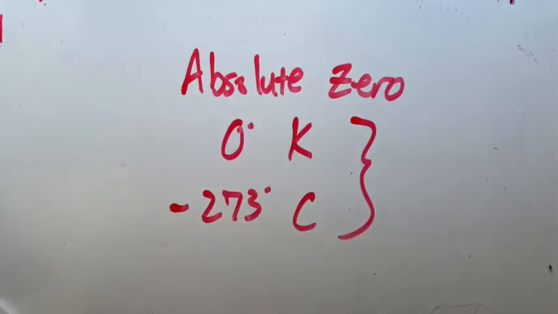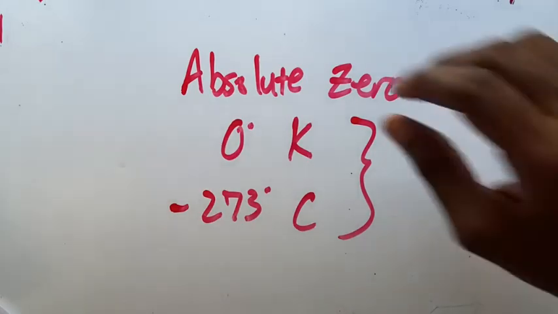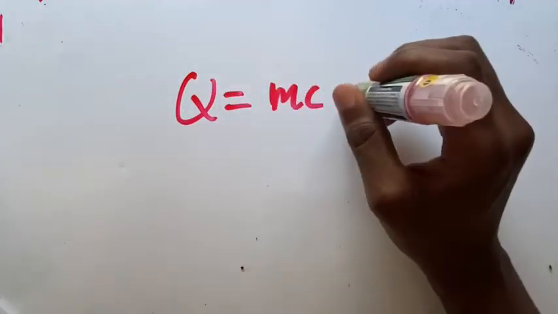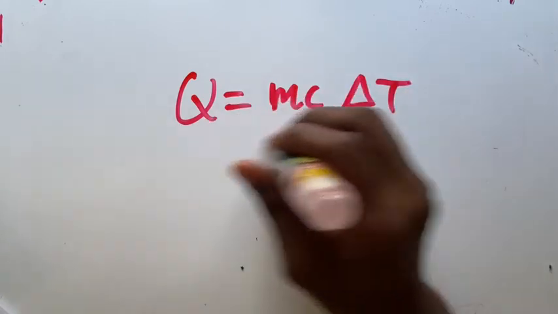Number 21 says heat is A, thermal energy, B, radiant energy, C, temperature, or D, thermal energy flowing from hot to cold. Well, we know the equation for heat is given by this, right?